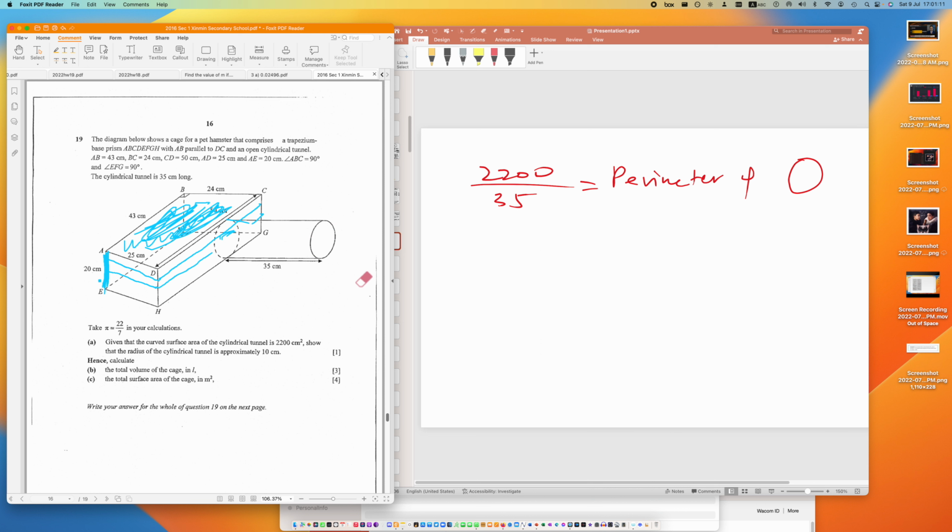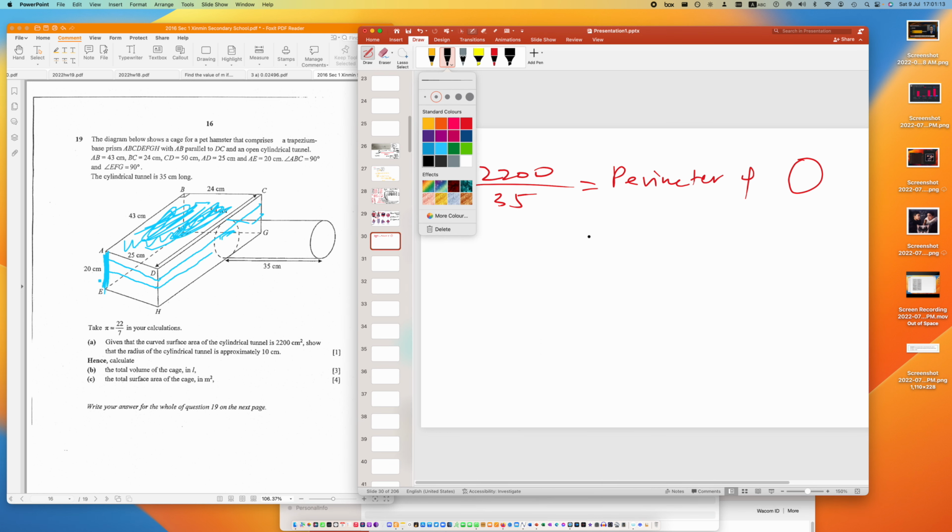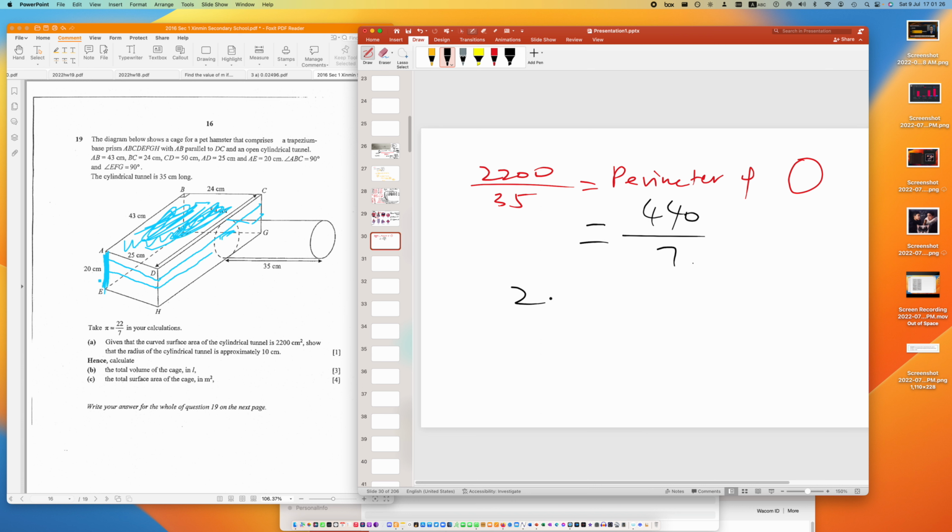So in an intermediate step, just give me an improper fraction. Yeah, 440/7. Okay, so this is the perimeter. So the perimeter of the circle is 2 pi r. They ask you to take pi as 22/7.